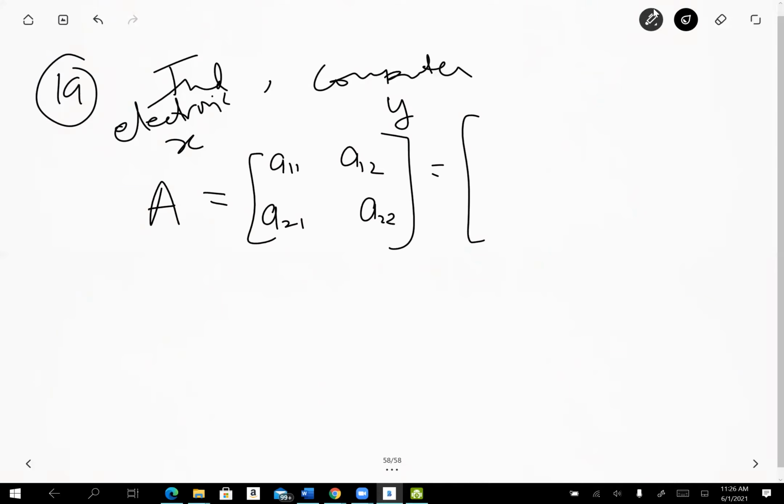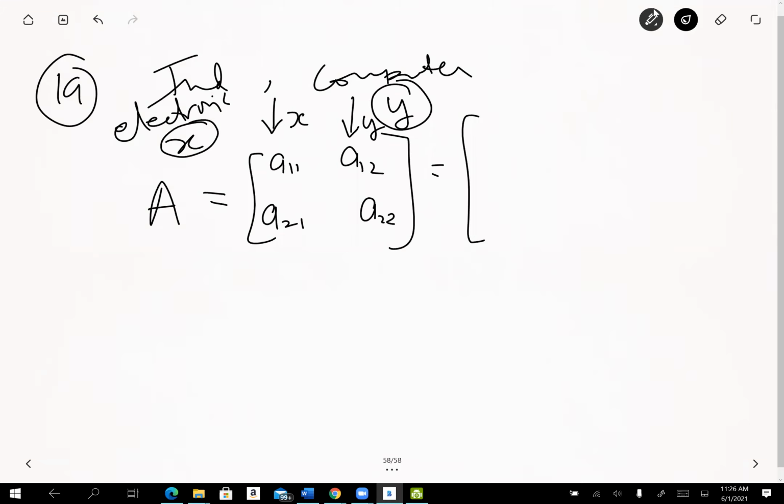X is the electronic industry, Y is the computer industry. As we already explained, you go by the column. So this is the input requirement for X, that will be A11, A21. And the second column will be the input requirement for Y, that will be A12, A22.